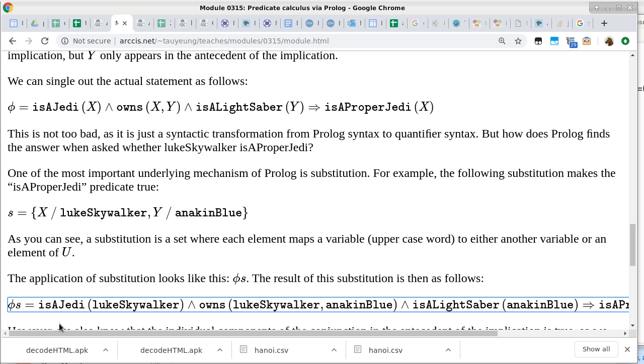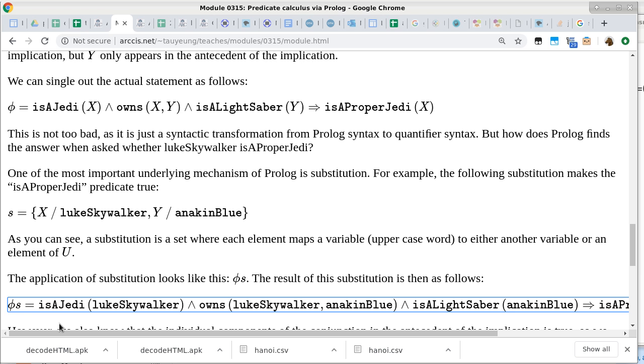I mean, it will still be true, because when you have an implication, if the first part is false, the whole thing is true. So it will still be a true implication, but it's not going to be very useful because we could not confirm that Luke is a proper Jedi. Is that okay?